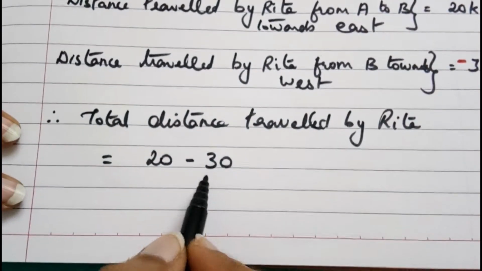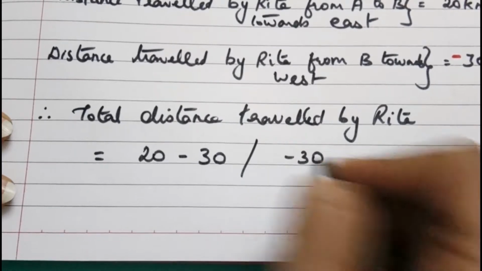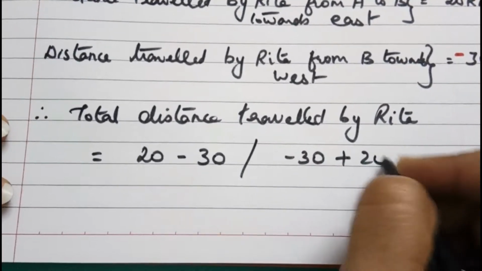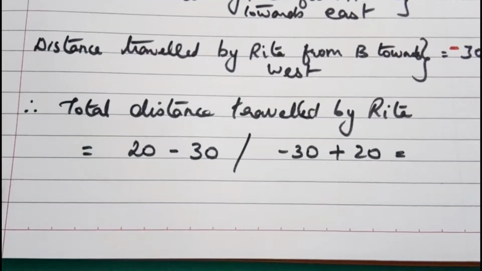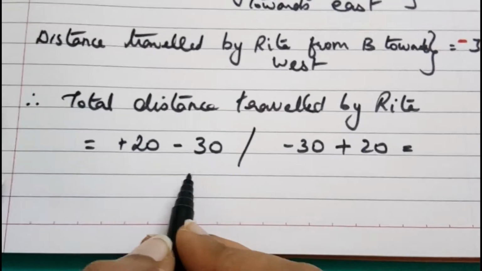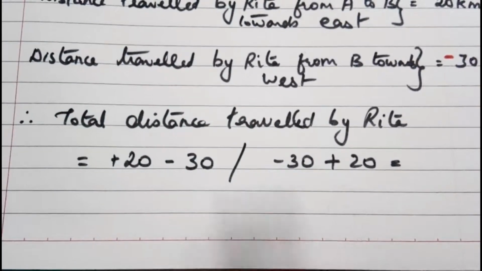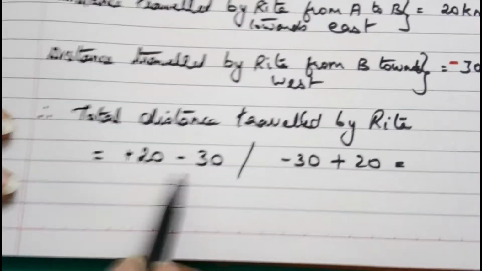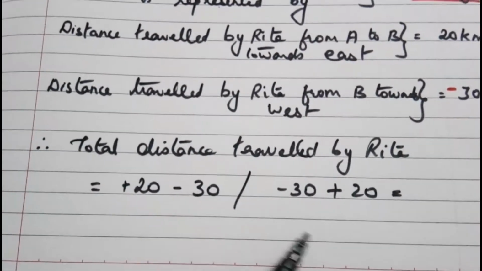You can either write like this, or you can also write as minus 30 plus 20. Simple, which is equals to, since there is one positive and one negative integer, both are represented in the same manner. Okay, so you can either calculate like this or calculate this. This was just to make it clear that you can write it either way.